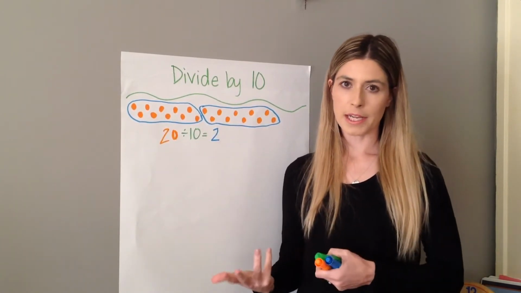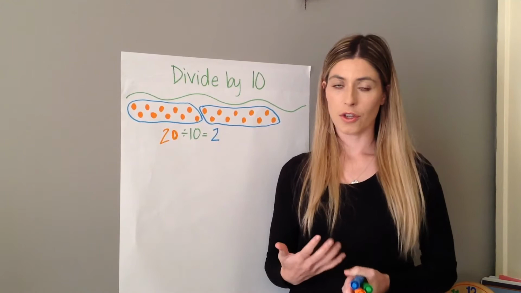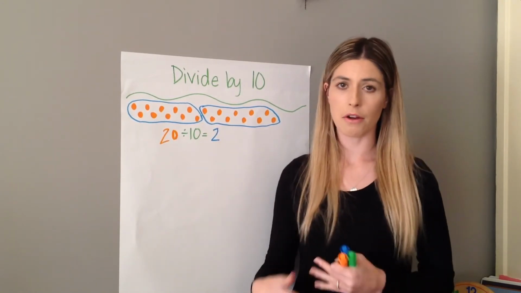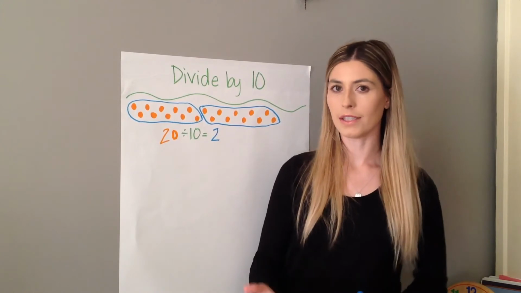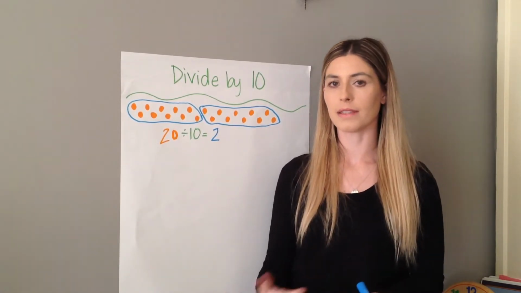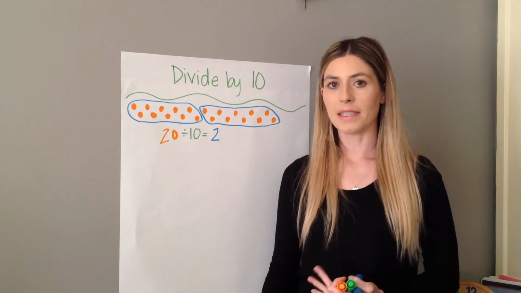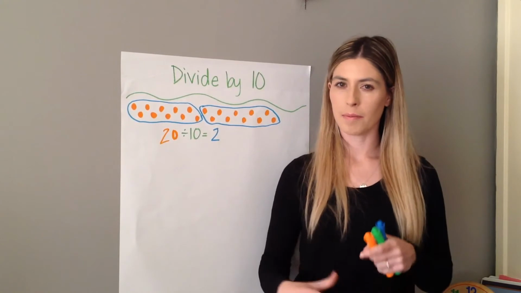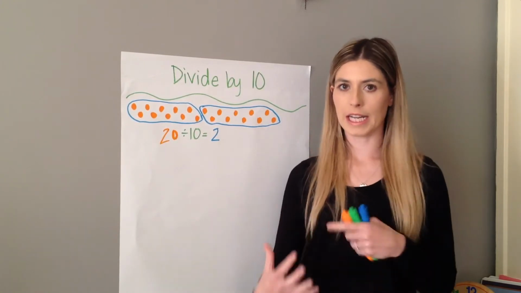Now, multiplication and division facts, you still need to memorize them. You need to either memorize the tricks or how to do them and really get to know them. We will be practicing a few more multiplication and division facts throughout the year, but we're starting with tens. We're starting with the easier ones to just get us started.